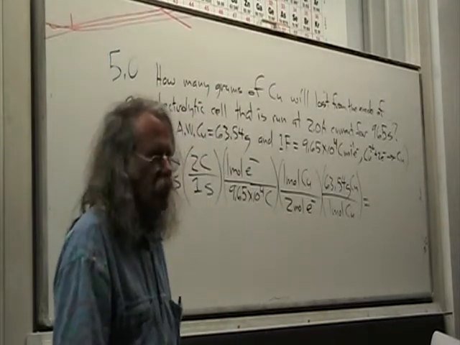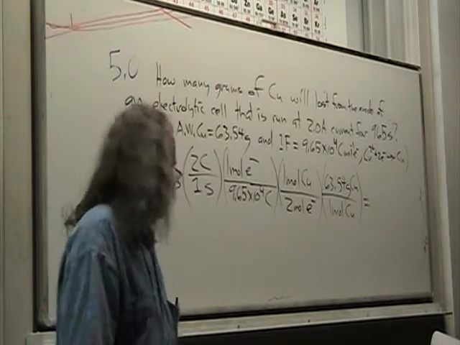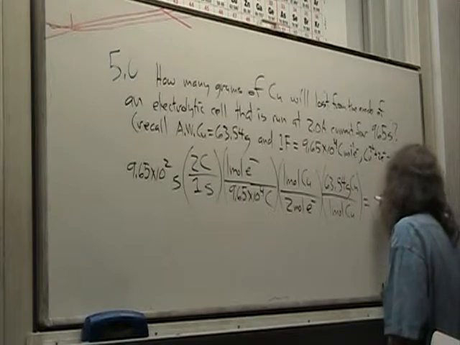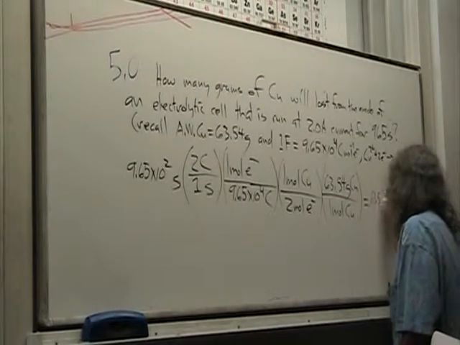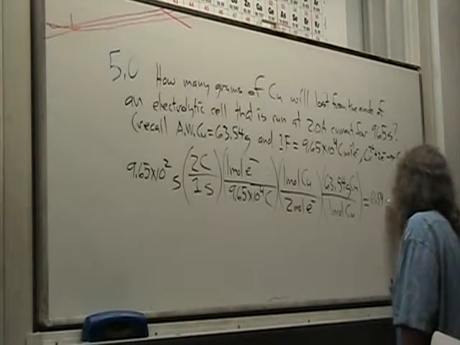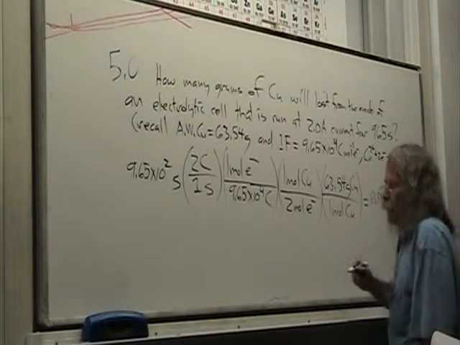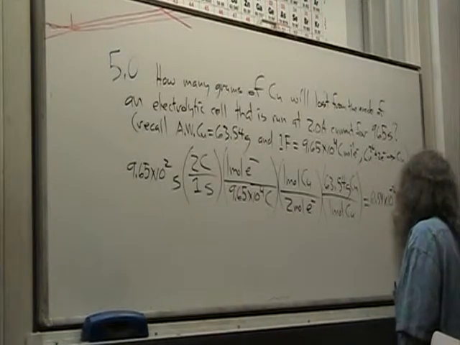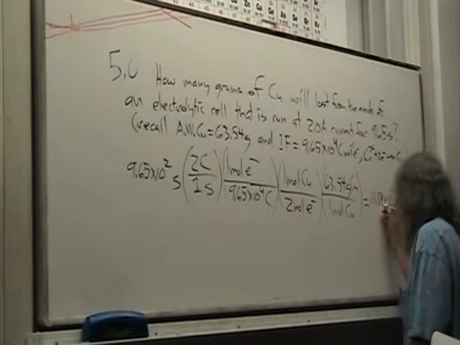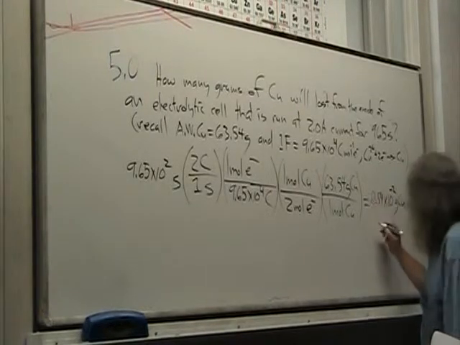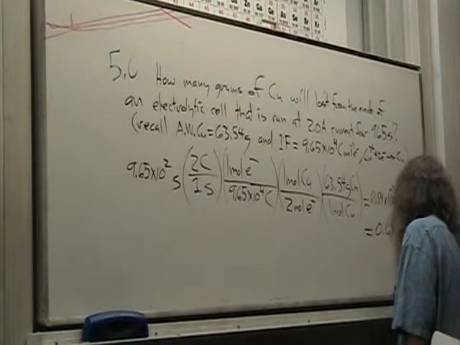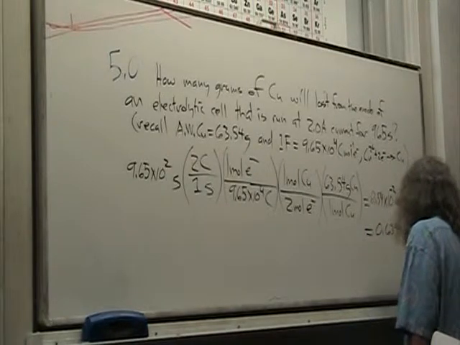What do the rules of exponents have me do? That's 10 to the negative 2. So that means it's going to be equal to 63.54 times 10 to the negative 2 grams of copper. And now I can move that back 2, and that's equal to 0.6354 grams of copper.